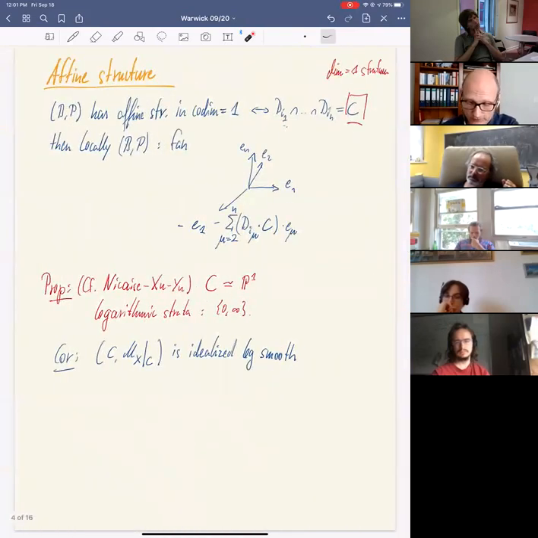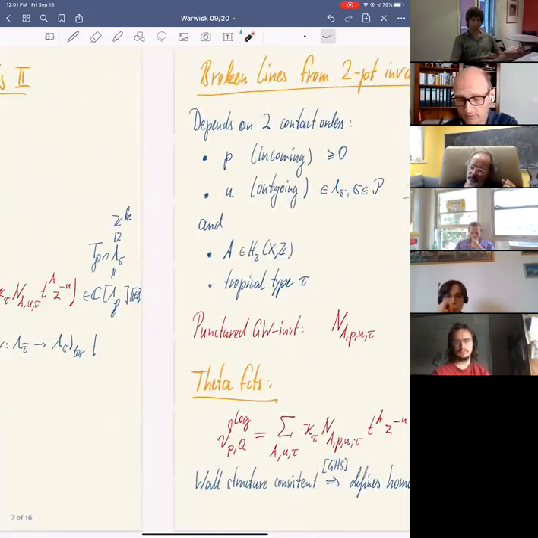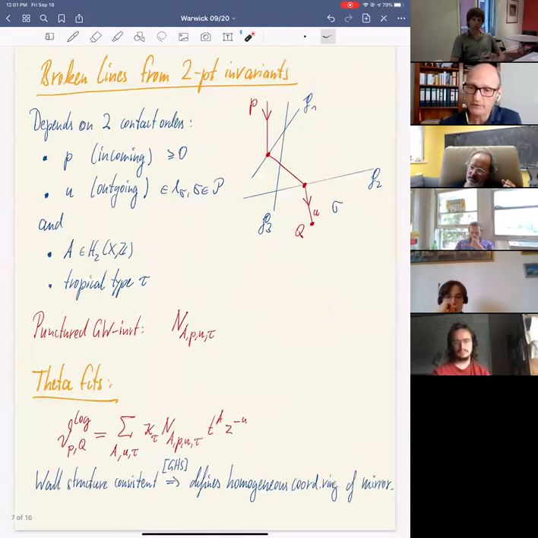They can also be defined with punctured invariants, but they depend on two contact orders. The one comes from infinity, so to speak. That's my P.